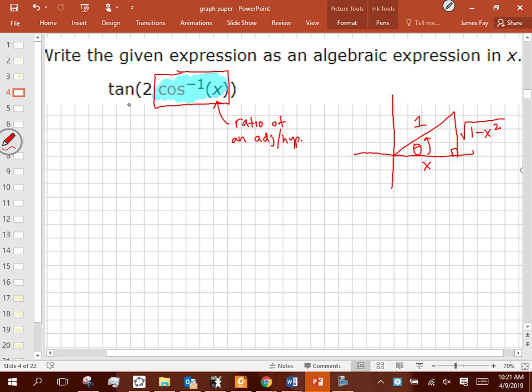So what I'm going to do is reevaluate this. I'm going to rewrite this as now tangent of 2 theta, since this thing gave me theta of this triangle. So now that's a tangent double angle formula. And what that turns into is 2 tangent theta divided by 1 minus tangent squared theta.